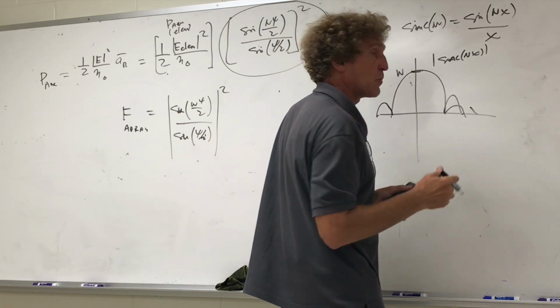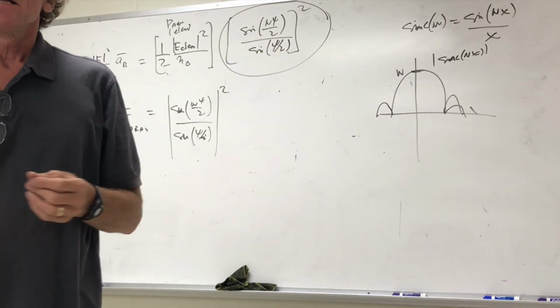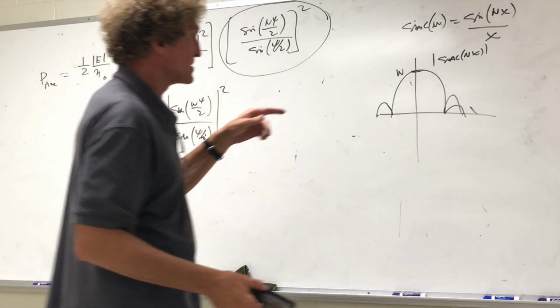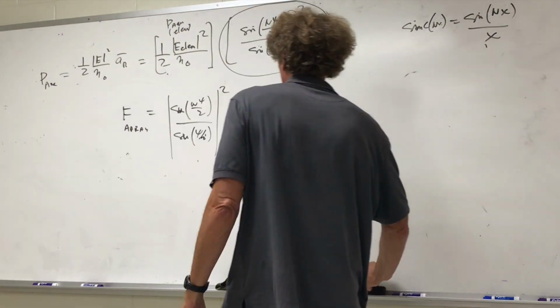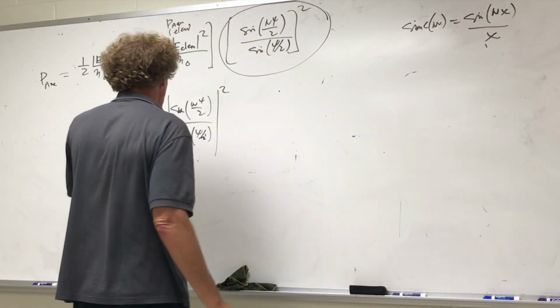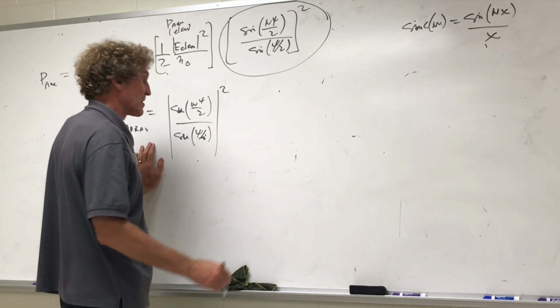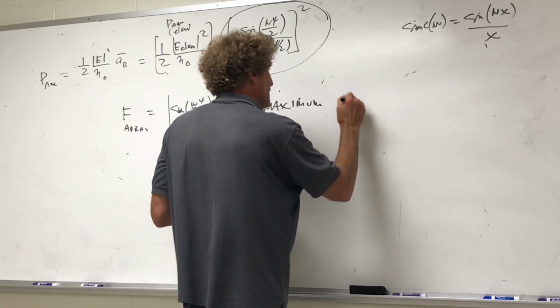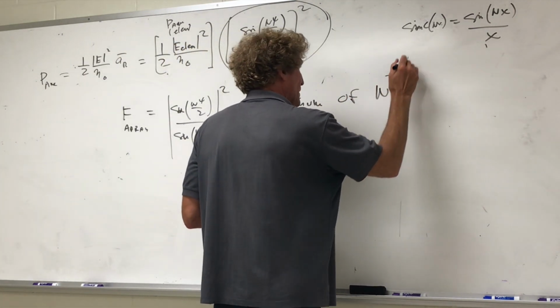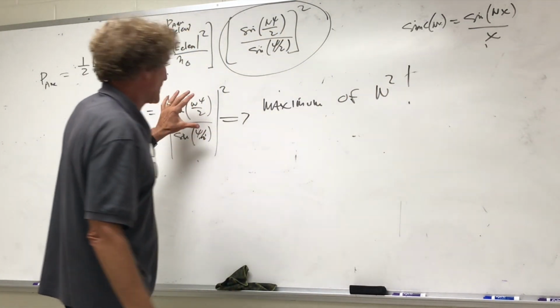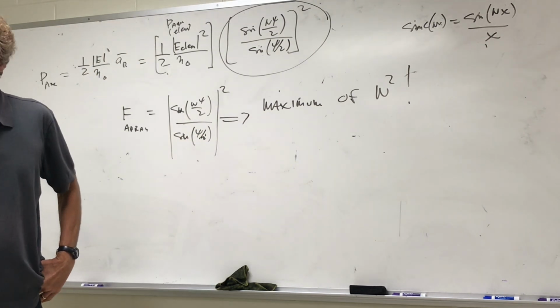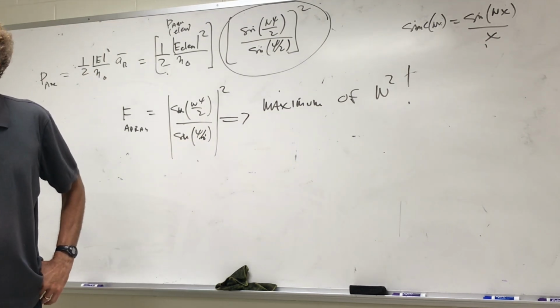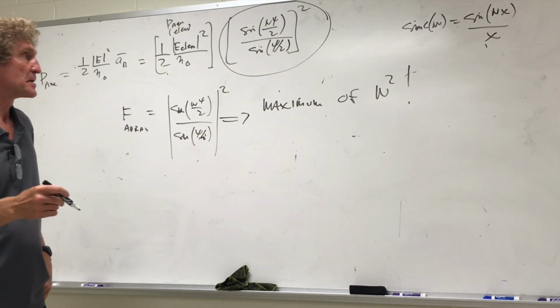So instead of being 1, the height is n. If you square this function, the height is n squared. That means this F array here has a maximum of n squared. If you plot this function, it will have a peak value of n squared.